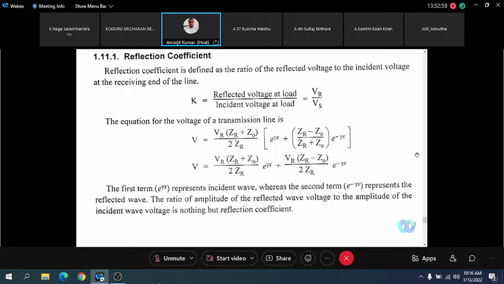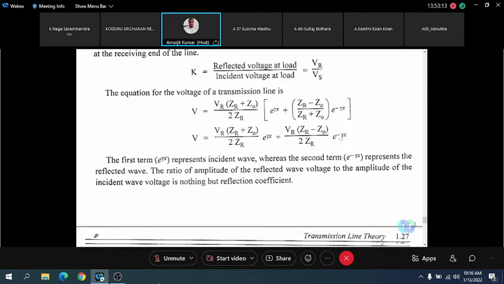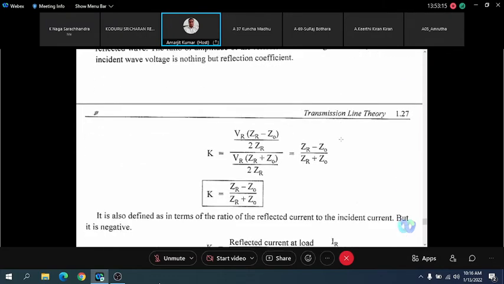It will be equal to ZR minus Z0 divided by ZR plus Z0. This represents the incident wave and this represents the reflected wave, and the ratio is known as the reflection coefficient, which is ZR minus Z0 divided by ZR plus Z0.